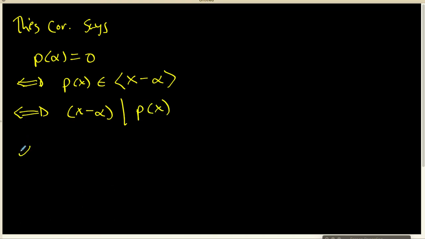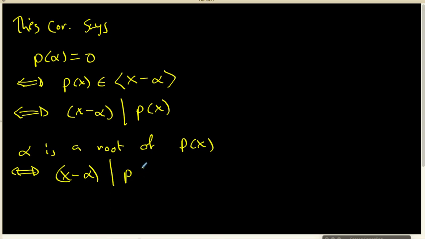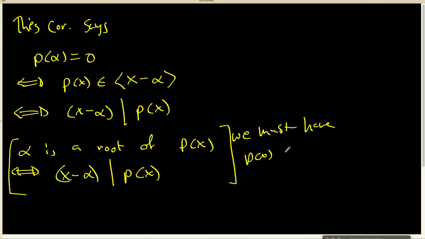In other words, alpha is a root of a polynomial p of x if and only if x minus alpha divides the polynomial p of x. But in order for this statement to be true, we must have p of x belongs to f square bracket x, where the ring of coefficients is actually a full-fledged field.